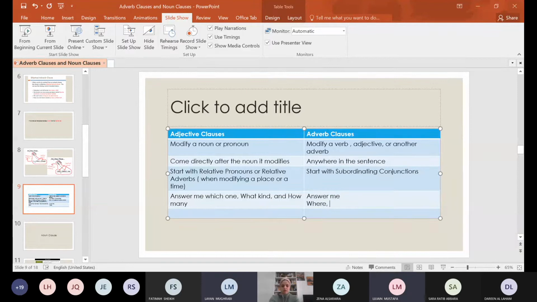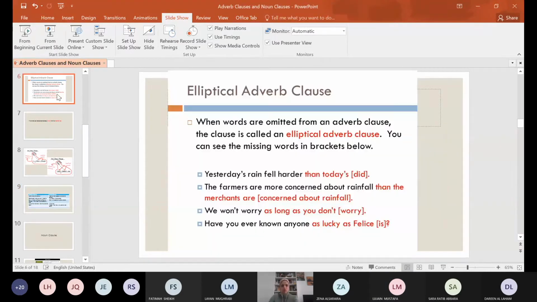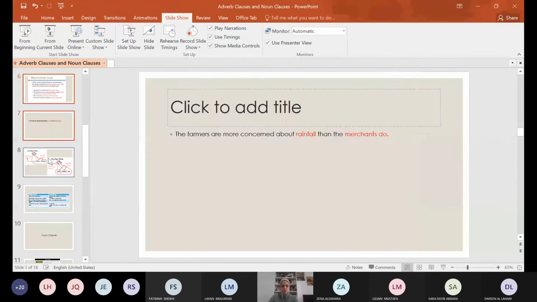Where, how, when, why, and to what extent. Right? This is a comparison between adjective clauses and adverb clauses. Let me just erase these.